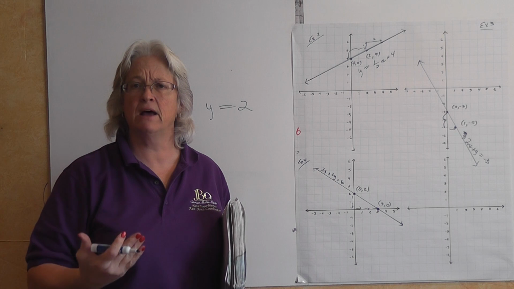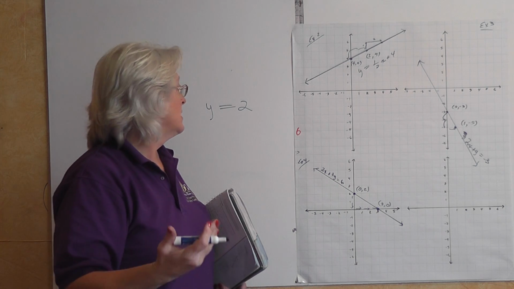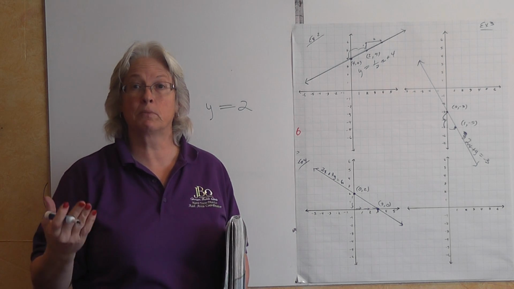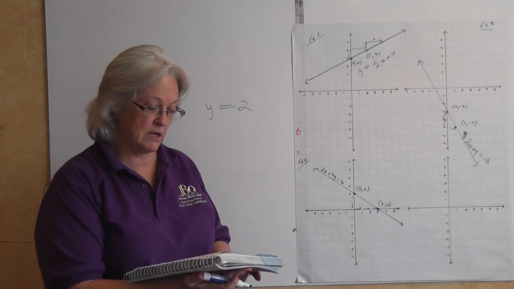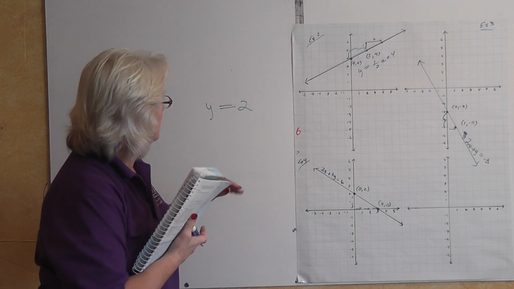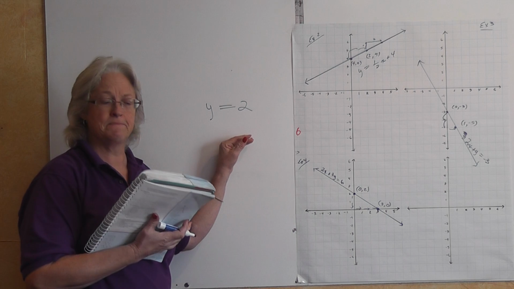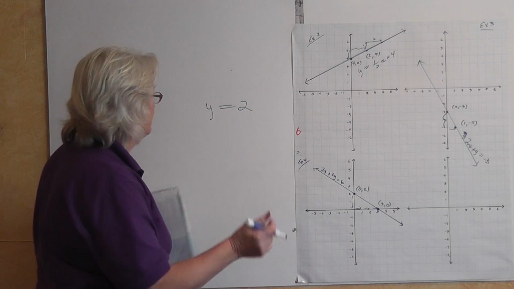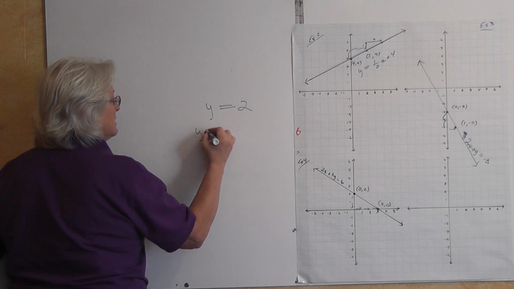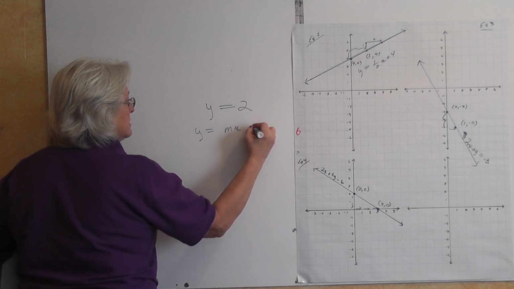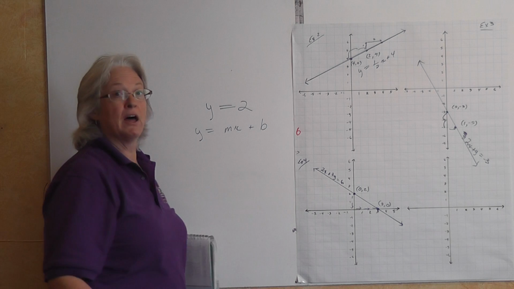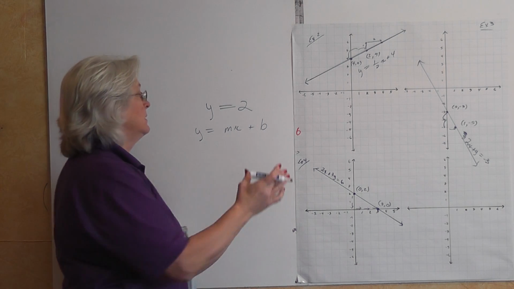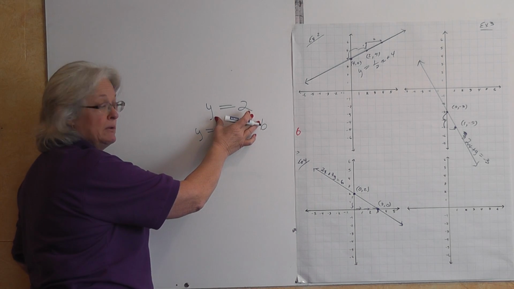Well, we want to put this equation into slope-intercept form of the line. How are we going to do this? It's already solved for y, but what does our slope-intercept general form say? It says that y is equal to mx plus b. And I don't see any x's in this equation, do you?